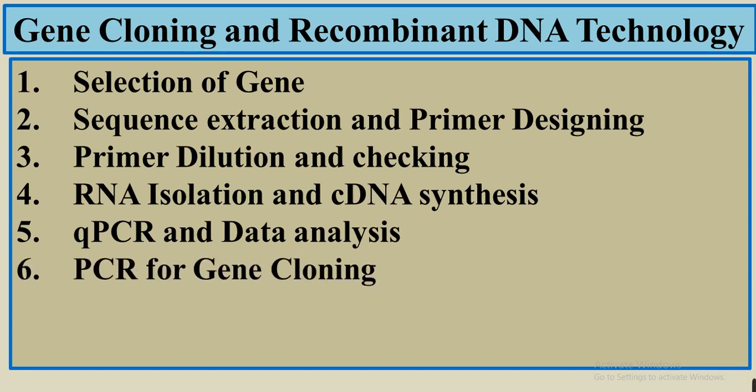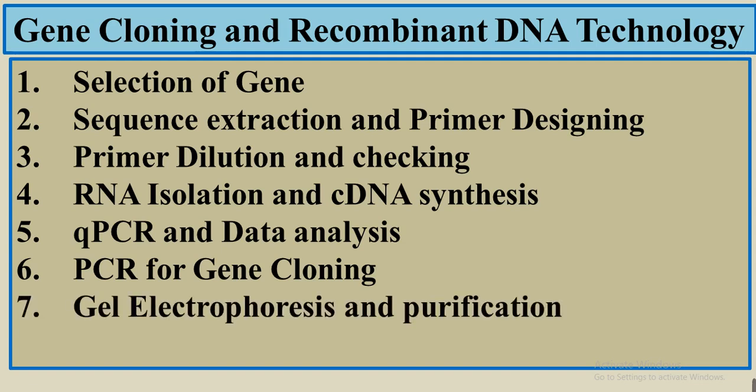Then after the confirmation and selection of that gene, we will do the PCR for gene cloning, how we can do that PCR and what type of PCR we can do for the cloning. And after that PCR, how we can make the gel and run that gel, how we can analyze our gene, and how we can cut and purify that gel to extract our gene.